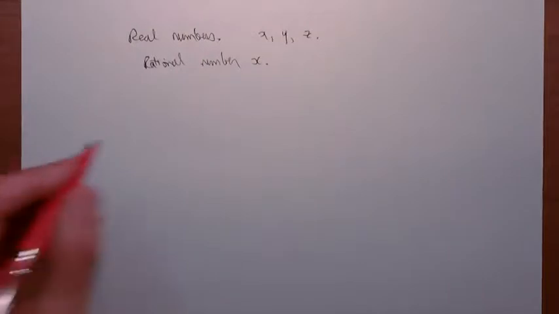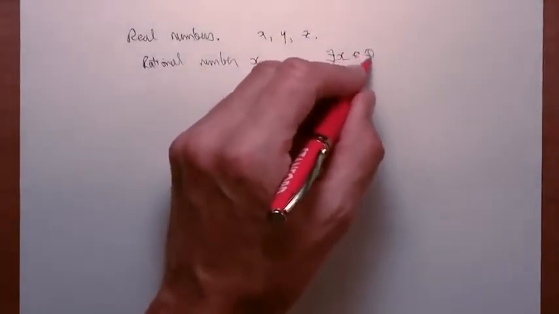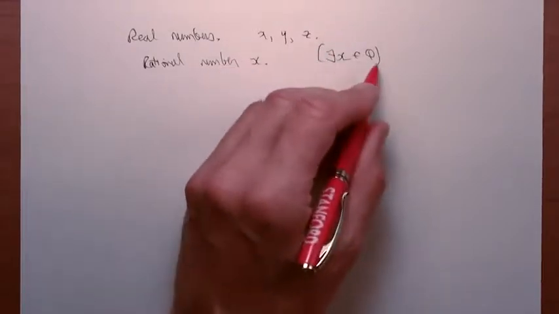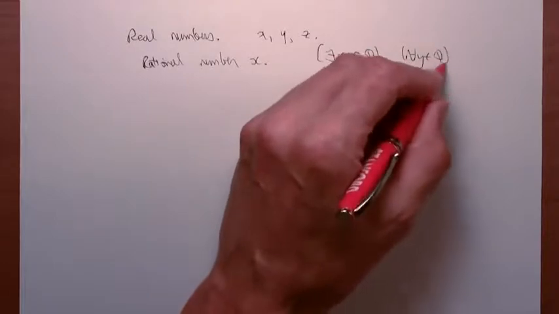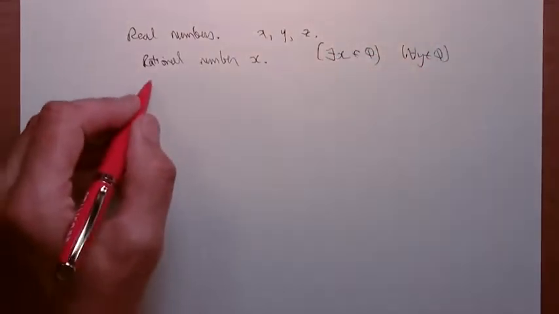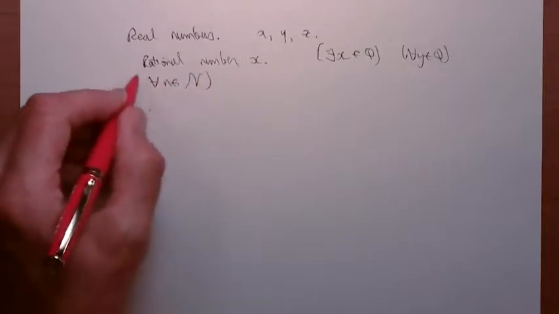Well, there's one way we can do that. We can talk about the rational numbers in this context. We can say there is an x in Q, or we can say for all y in Q. Or if I want then to talk about a natural number, I can say for all n in the set of natural numbers.